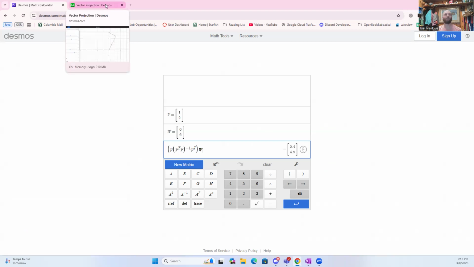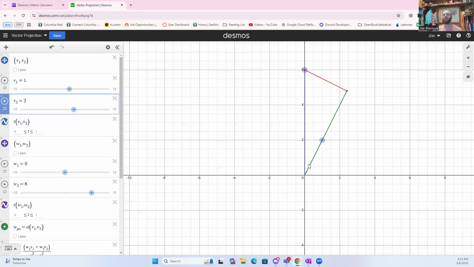That's going to be the parallel piece, so that's this green bit. It looks like over 2 and a bit, up 4 and a bit less than 5. Seems legit, right? (2.4, 4.8). Great. How am I going to get the red vector?